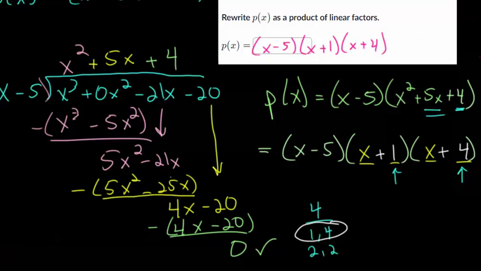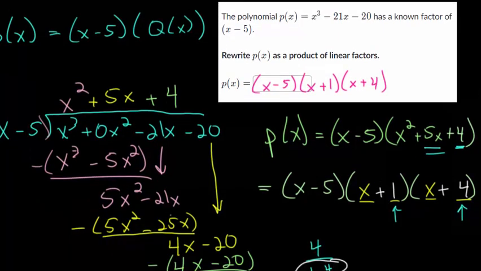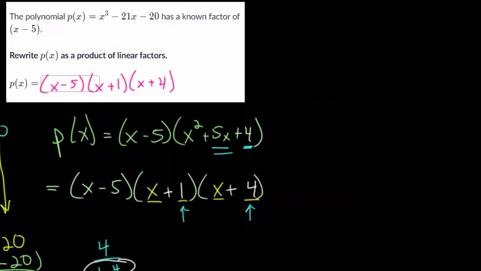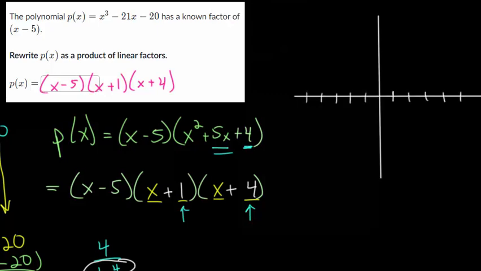Now you might be wondering, what is the advantage of all of this? Well, if we were going to look at the graph of this polynomial, let's just draw in some quick coordinate axes. Knowing these linear factors can help us figure out very quickly when the polynomial is equal to 0, or which x values would set this polynomial equal to 0.